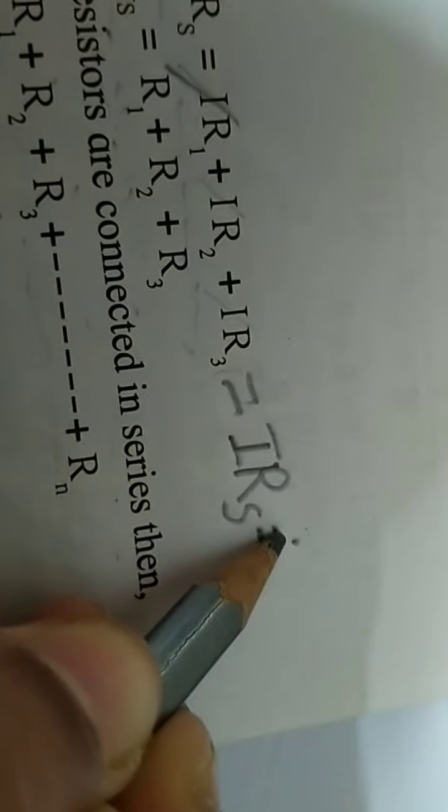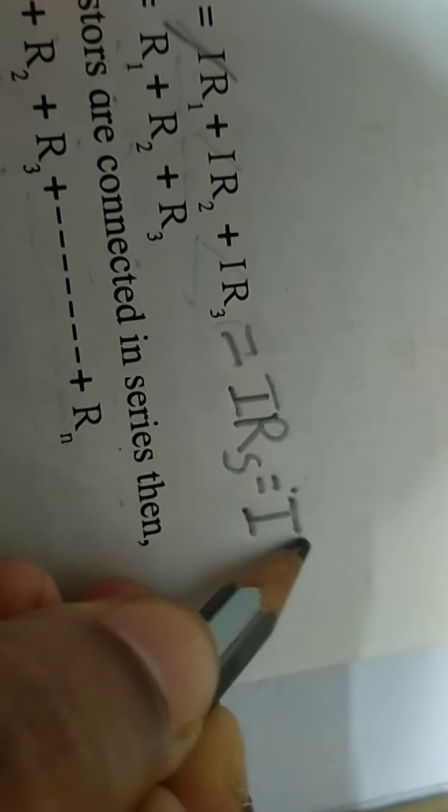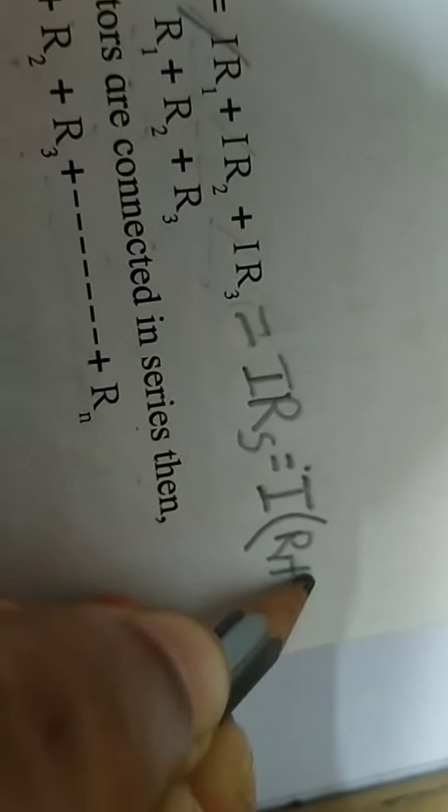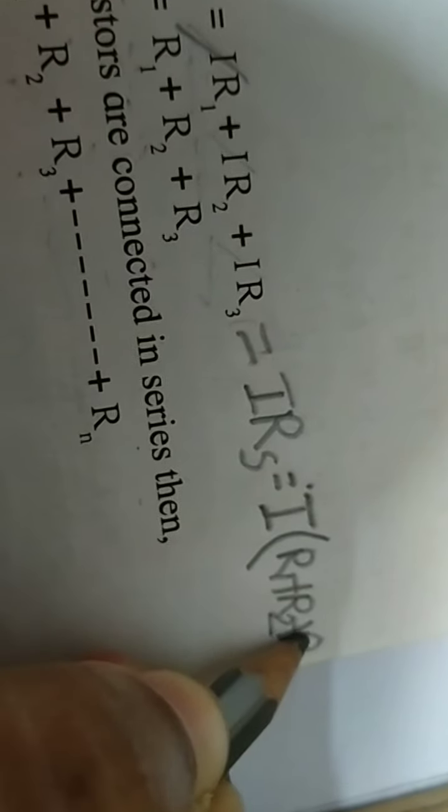Rs is equal to R1 plus R2 plus R3. Let us see here what happens. Rs is equal to, we took I common, so R1 plus R2 plus R3.